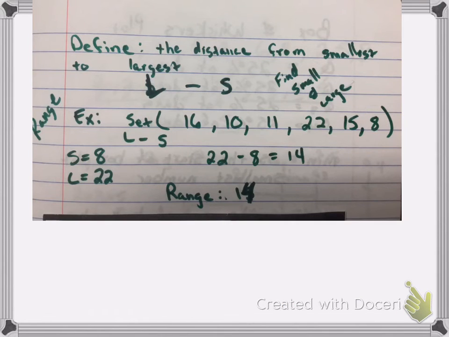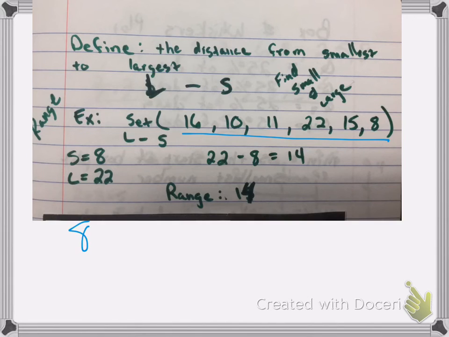All right. The last one that we need to define is range. Okay, it says define the distance from the smallest to the largest. So the range is taking and finding the distance from the smallest number to the largest. Okay, well, I've got a set of data right here, and I have to either look through my data and find my smallest number and find my largest, or you can always put it in order.